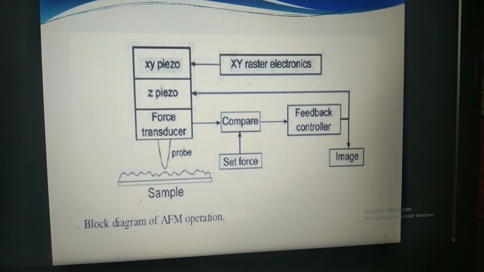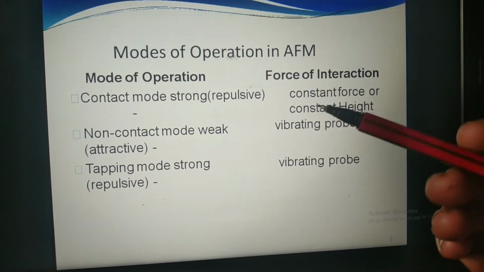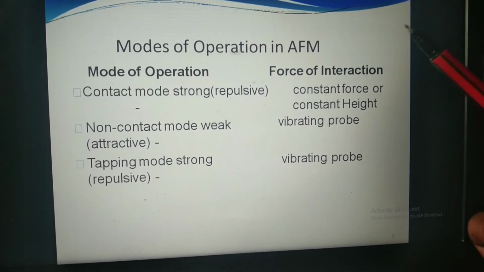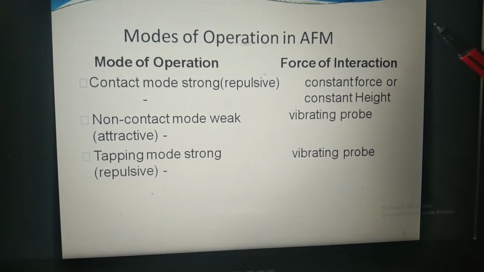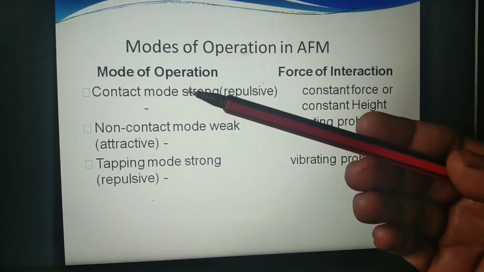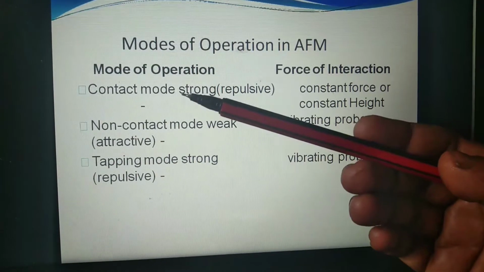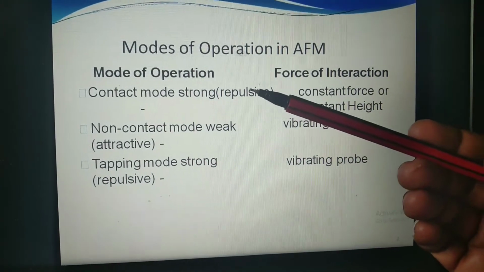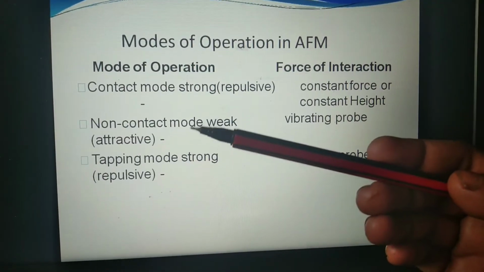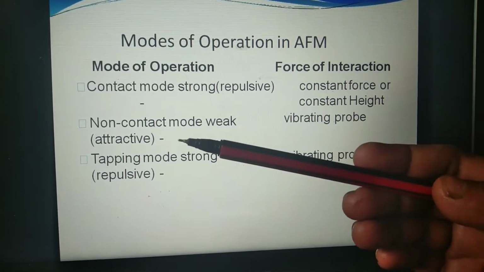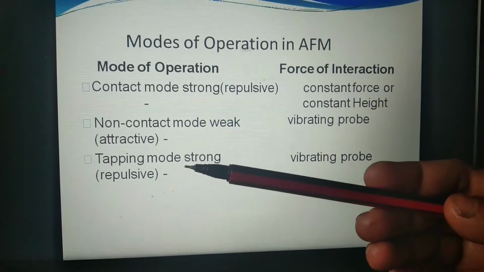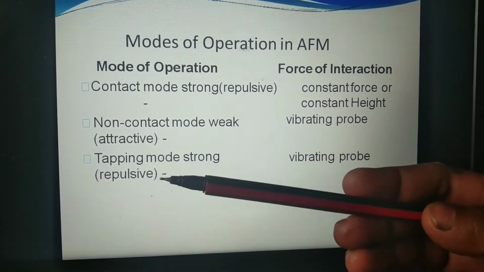Now next comes the modes of operation in the atomic force microscopy technique. There are three modes of operation: contact, that is repulsive force; non-contact, that is weak attractive force; and tapping mode, strong, that is repulsive.